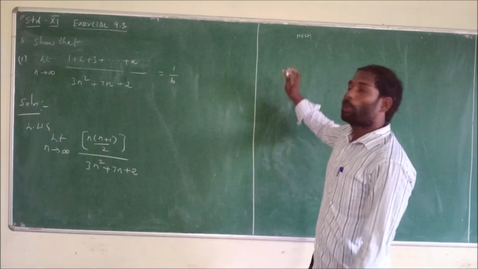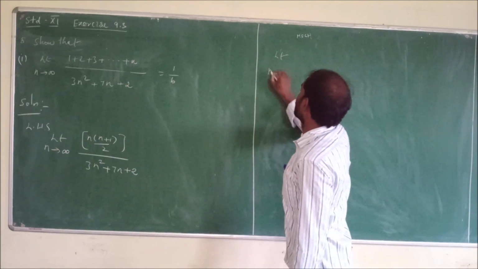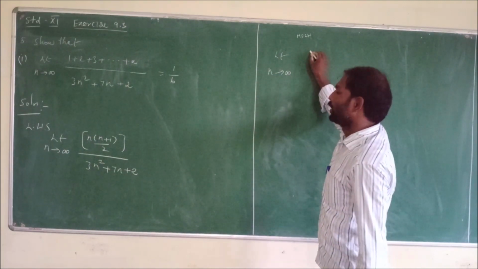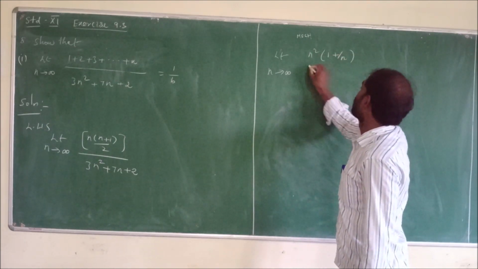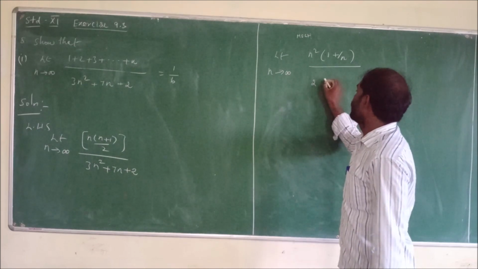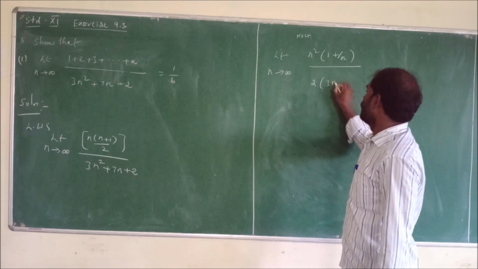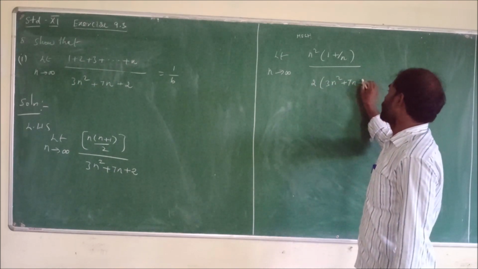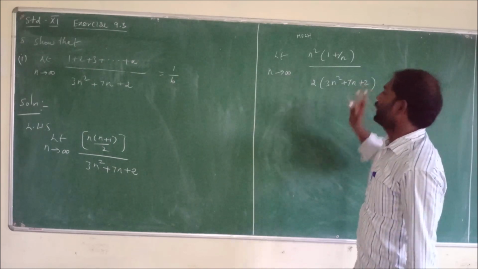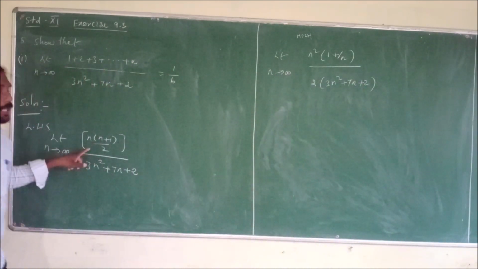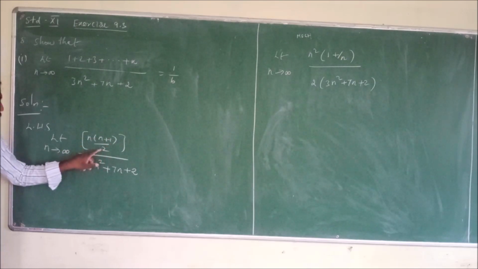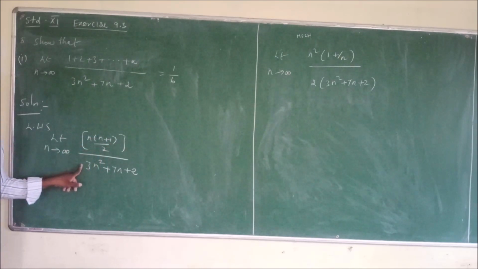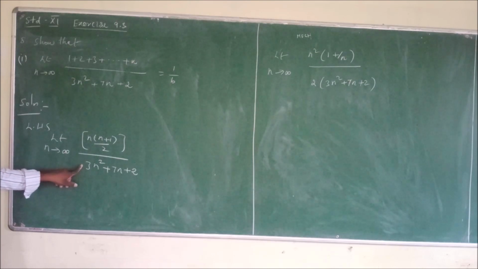Take n for the numerator, limit n tends to infinity, n square into 1 plus 1 by n, by 2 into 3n square plus 7n plus 2. The 2 also goes to the denominator term.